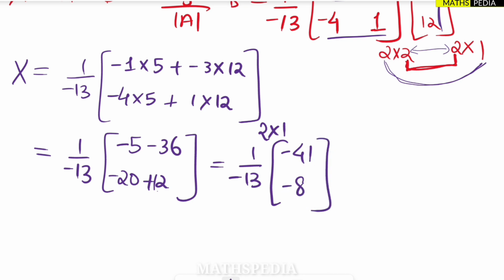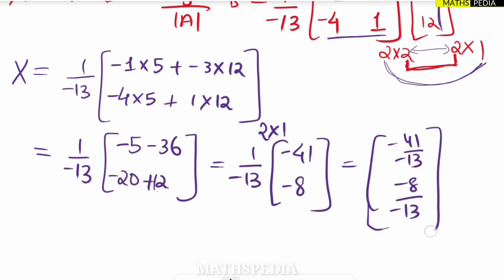So you can take 13 inside, so it will be equal to minus 41 divided by minus 13 and minus 8 divided by minus 13. Remember that they are not 4 elements, they are only 2 elements. This is one element and this is another element. Okay, 2 cross 1.